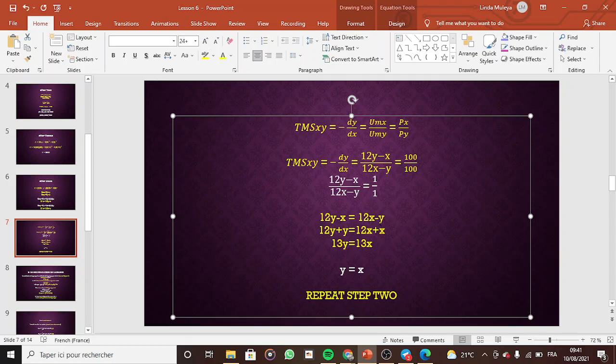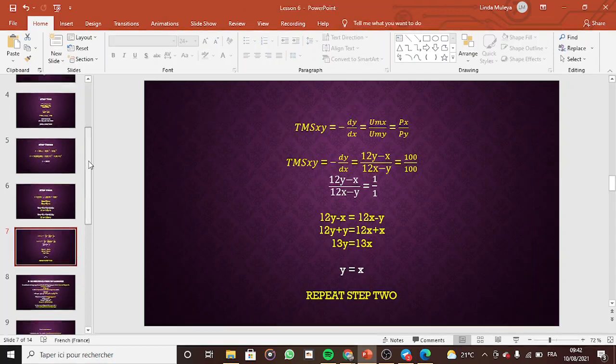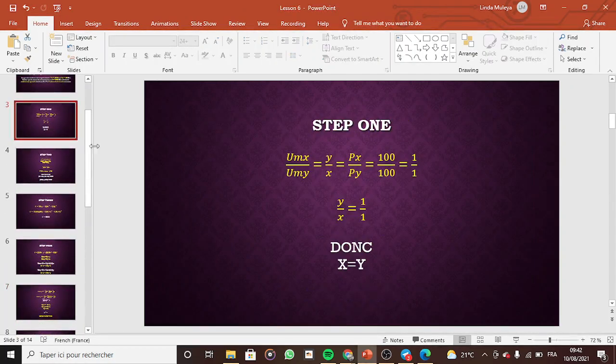You take this y here and take it this side, which will give you 12y plus y, and you take this x and take it to the other side, which will give you 12x plus x, which gives you 13y over 13x. When you divide both sides by 13, it gives you y over x, which is the same equality we had previously when we used the first point, x is equal to y.